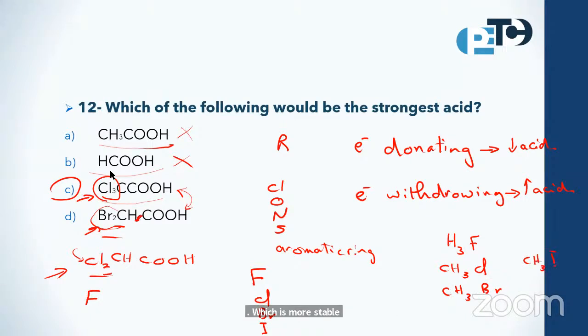Yes, the iodide, CH3I. That's true. Size will increase the stability. So the bigger size is iodine: fluorine, chlorine, bromine, and iodine is the biggest one.